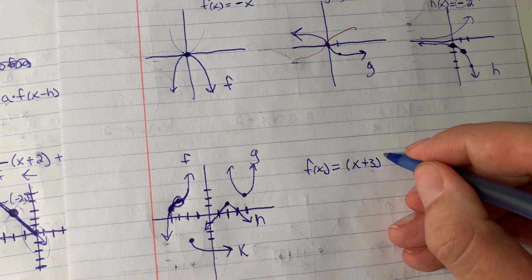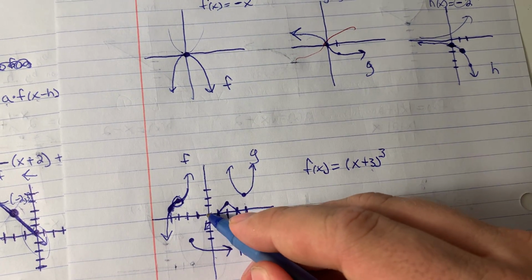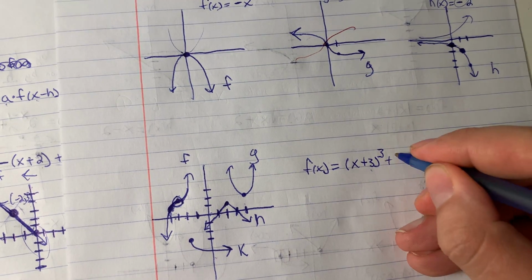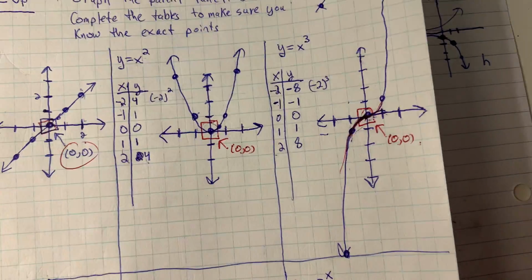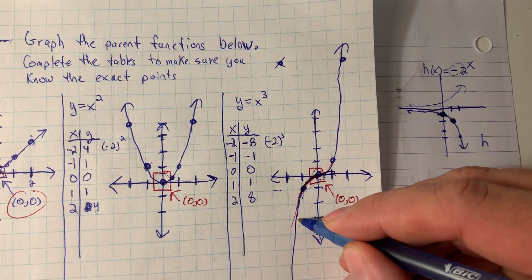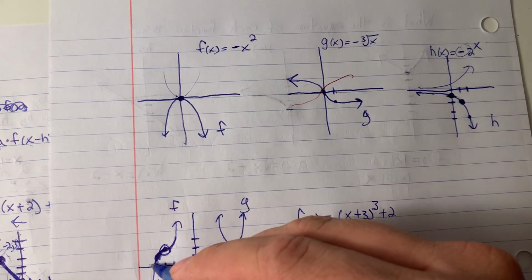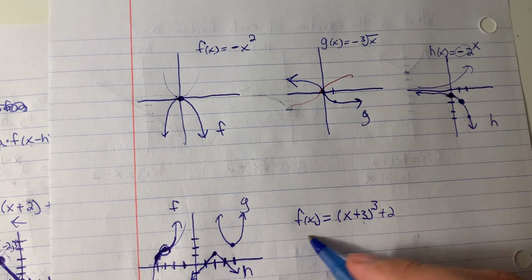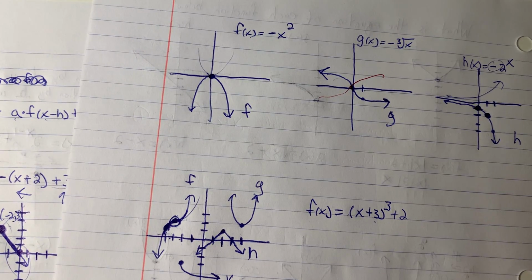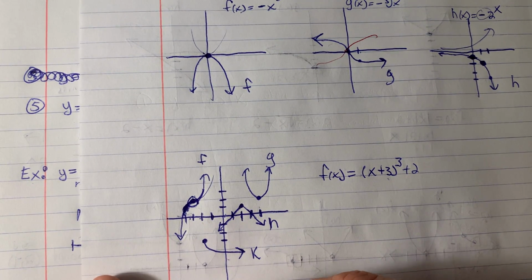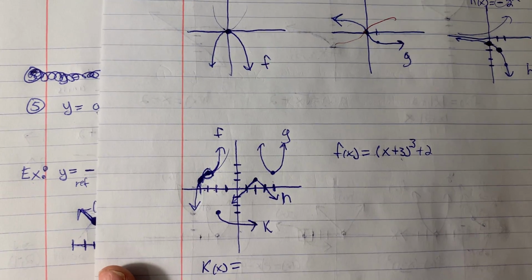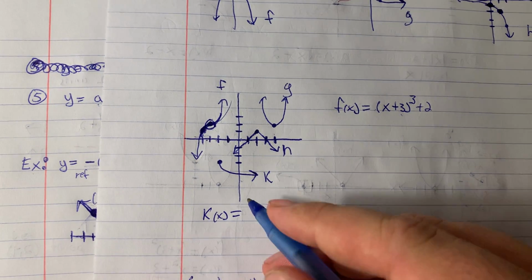And this is a cubic function, so it's cubed. It shifted 2 up, so we need a plus 2. And the question is, did it get reflected? And the answer is no. The cubic parent function already has this shape. This one still does. There is no negative in front. And so it's just f of x equals x plus 3 cubed plus 2. Let's do k next. K of x equals, go ahead and try that on your own.